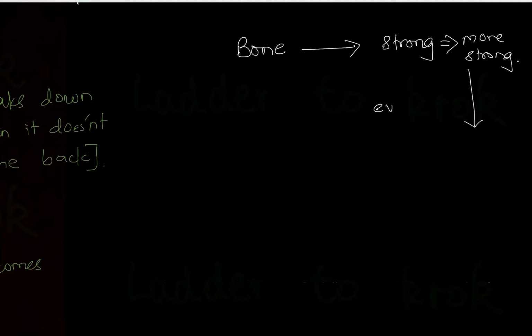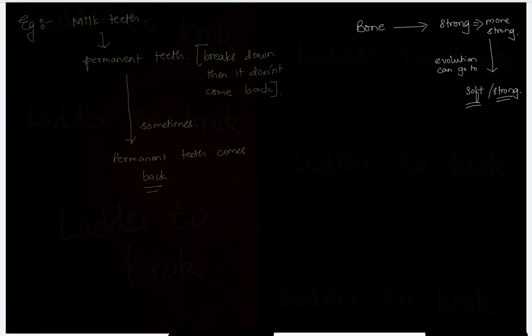But evolution can either go to making the bones soft or can even make it more strong. So it depends on person to person. So this is the theory of recapitulation, which is also known as biogenetic law, and it also has many other names. So you should know that evolution can be predicted, but we aren't sure of it. Okay.